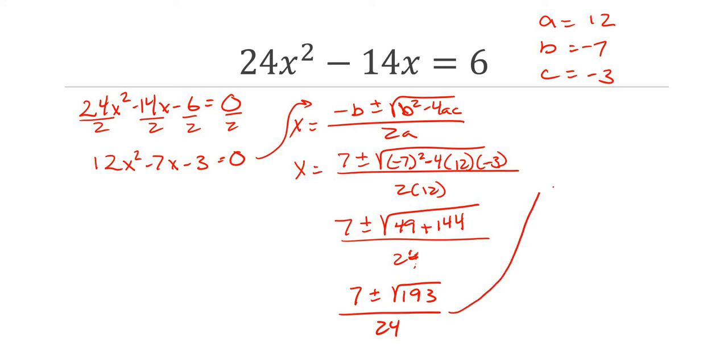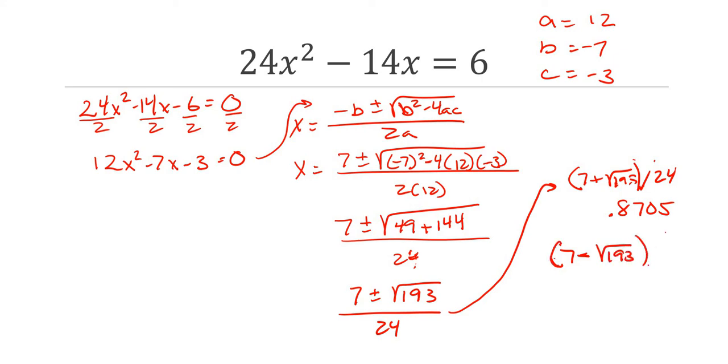I can't simplify the square root of 193. So using a calculator, 7 plus the square root of 193 divided by 24 gives me 0.8705, and 7 minus the square root of 193, all divided by 24, gives me negative 0.287.